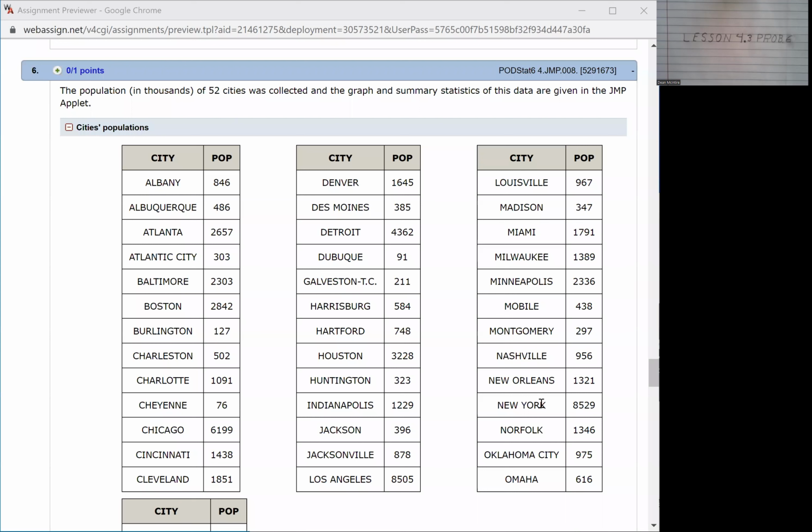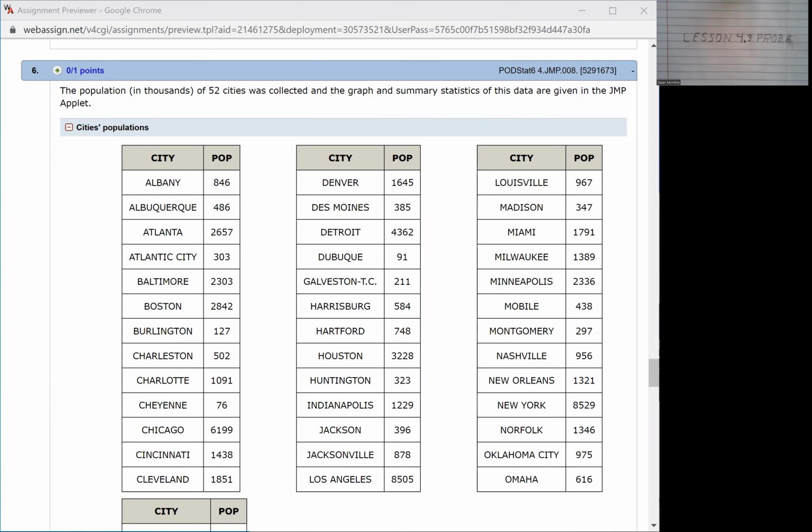We have populations, and the population in 1,052 cities are collected in the graph, and the summary statistics of this data are given in the JMP applet. All of the statistics that we need are in this applet. And so when we click on it, we're going to get what we need, okay?